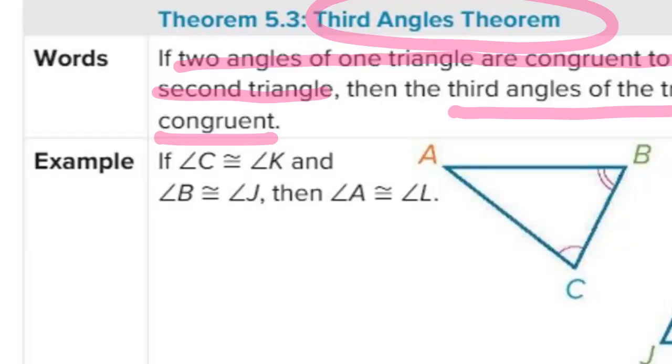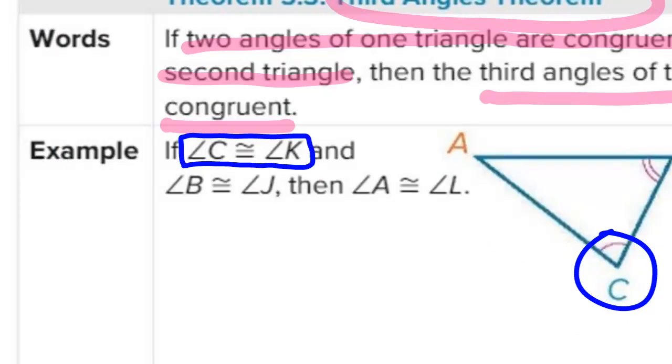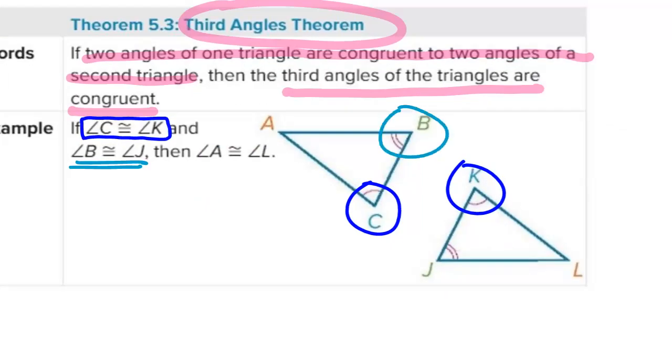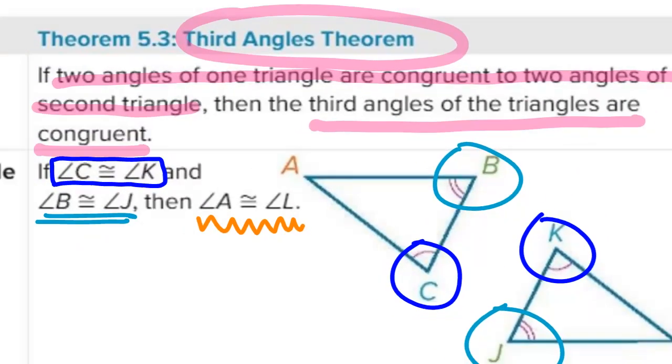So what this says is if I know that angle C and angle K are congruent, those are marked right here, and I know that angle B is congruent to angle J, that's marked right here, then that means that angle A and angle L have to be congruent.